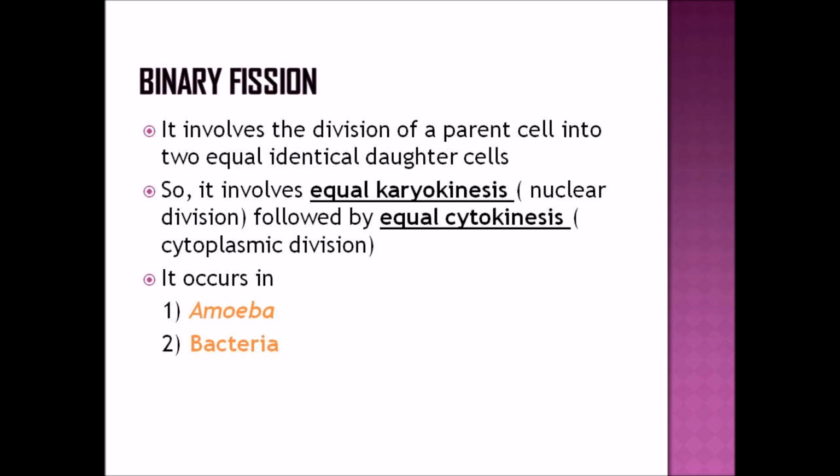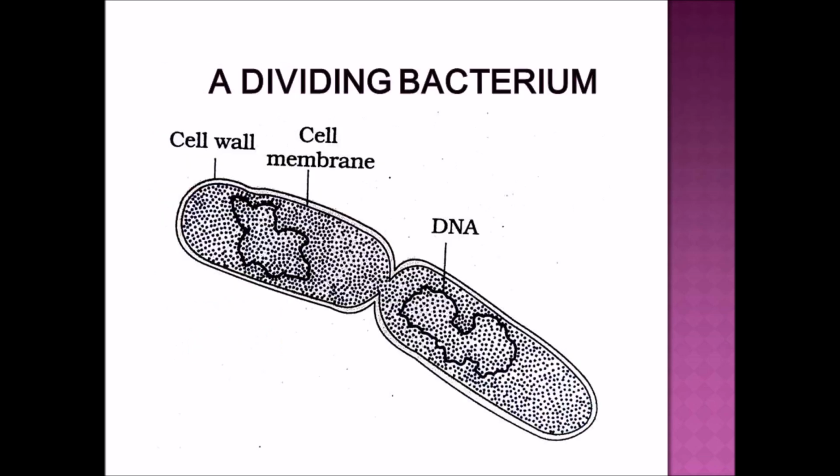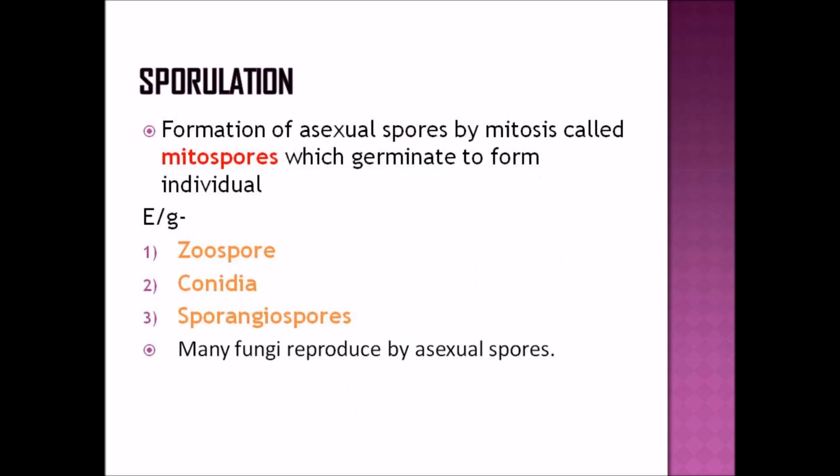It is observed that binary fission involves equal karyokinesis and equal cytokinesis, which means that the nucleus and the cytoplasm are equally divided and distributed in the daughter cells. Binary fission occurs in amoeba, bacteria. The diagram shows a dividing bacterial cell.